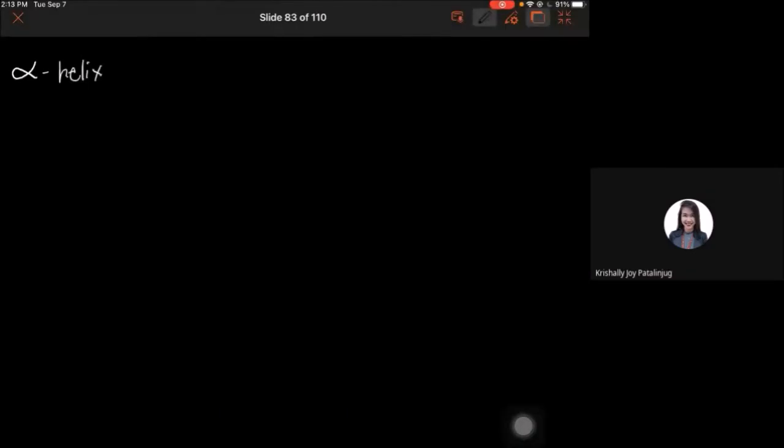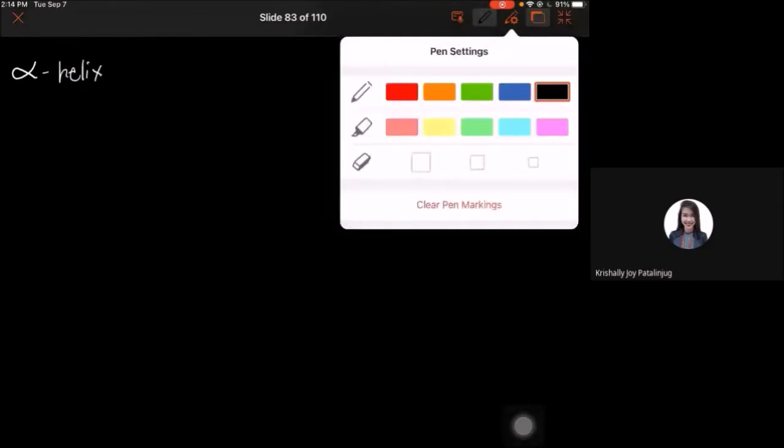Okay, so take note, ang shape po ng alpha helix is spiral. And when we say spiral, ang kanyang axis of rotation is actually vertical. Axis of rotation of alpha helices, vertical. So, halimbawa, yung in-illustrate ko, vertical line man yan.